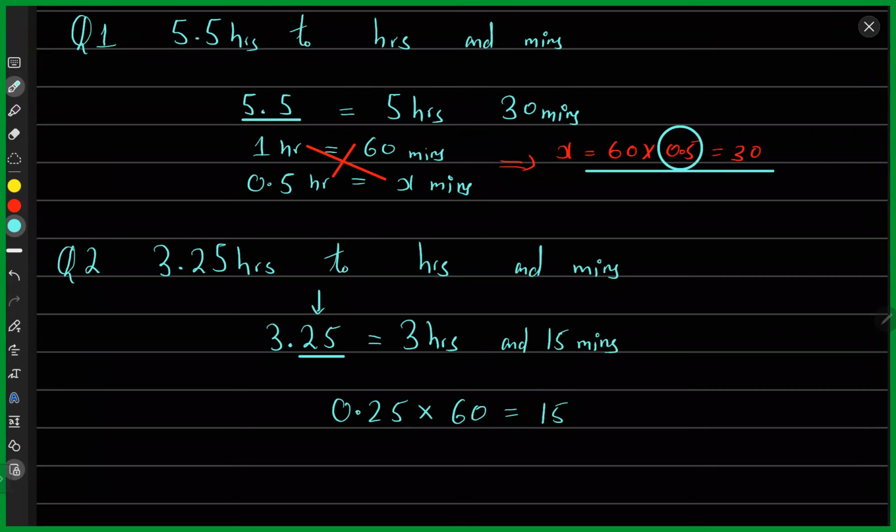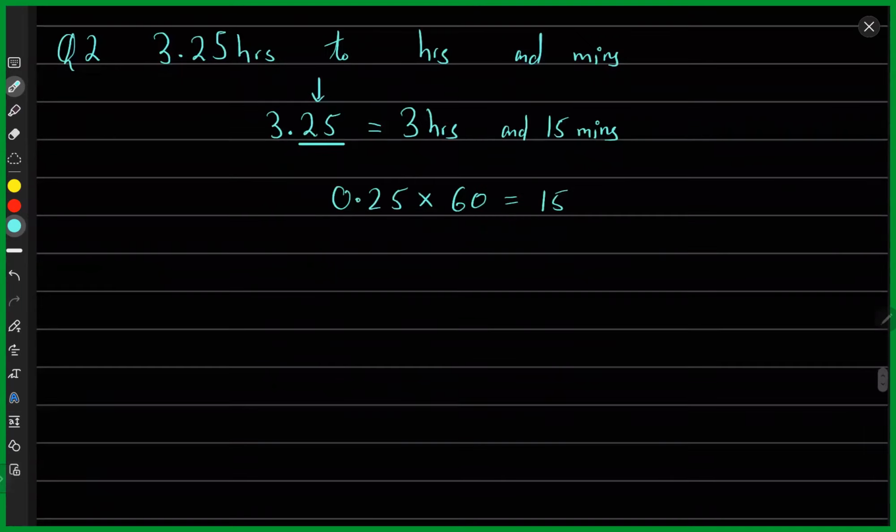Okay, all right, let's talk about one more example, and then I'll ask you guys to do it. Let's see if you were able to understand something out of it or not. Question 3 is 7.75 hours, again to hours and minutes.